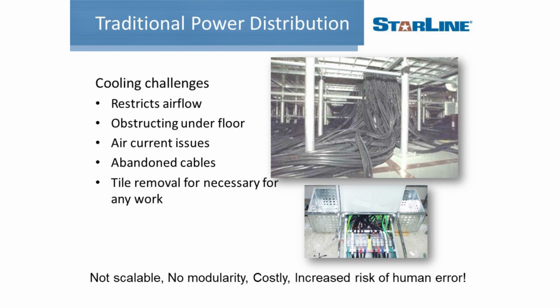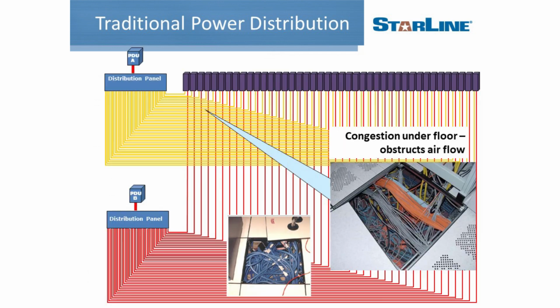And then anytime you need to do work, just removal of the tile lets all of the pressure out onto the floor, and it's not a good way to do this anymore. There's a better way to deploy power and utilize some cooling architectures that are more efficient. So just some items for consideration there.